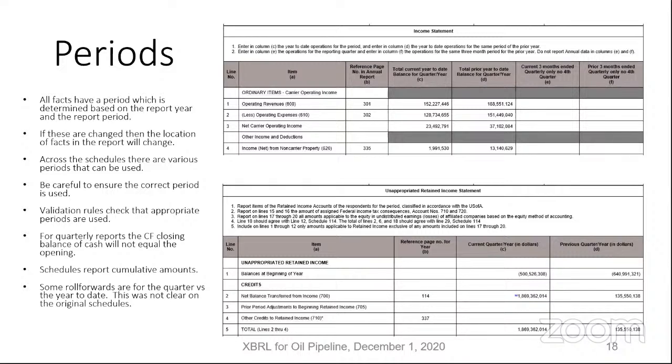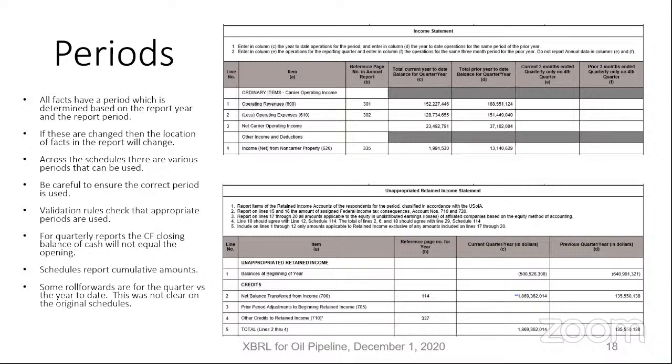So let's look at the periods. All the values that are reported have to have a period associated with them. The period itself is based on the report year and the report period that you enter into the instance.